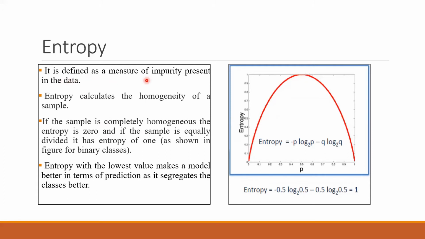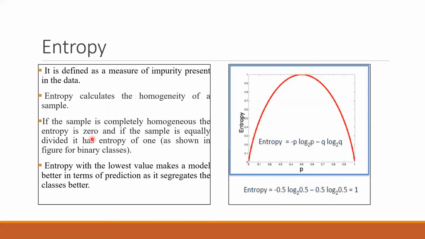It is defined as a measure of impurity present in the data. Impurity in data means how dissimilar the classes are within the same group. So entropy calculates the homogeneity of a sample. If the sample is completely homogeneous, the entropy is zero.